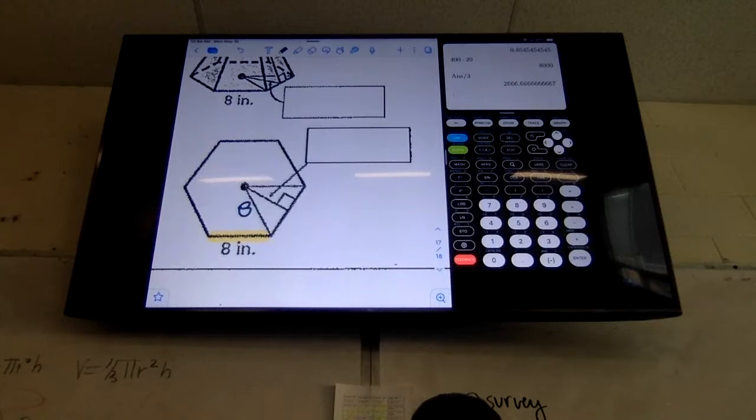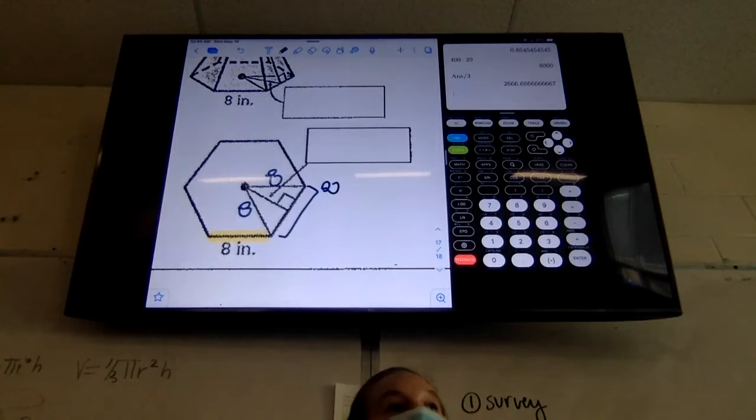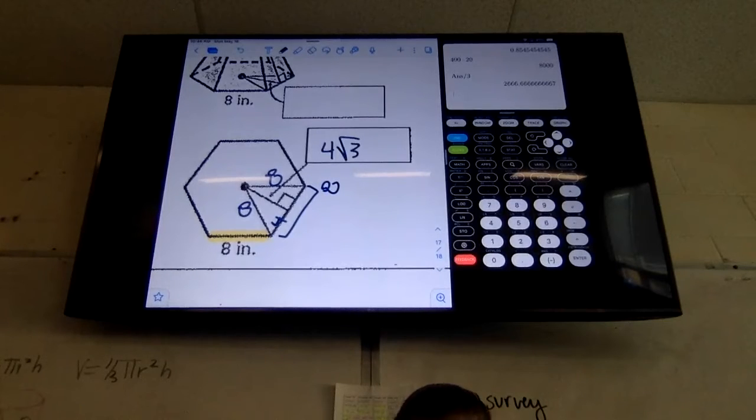What else do I know? All sides are 8, so this whole side is also 8. You can find that in half. Good, so this is 4. The other one is 4 root 3. Good. And so then to go from the short leg to the long leg, we're going to multiply by root 3. So 4 root 3, and I think that's in inches.